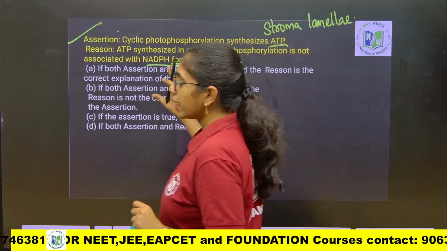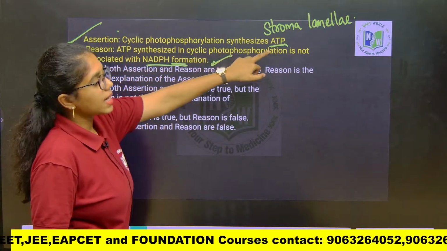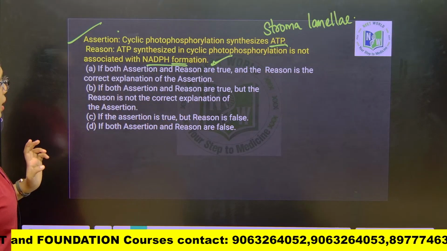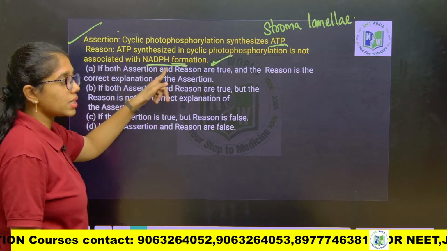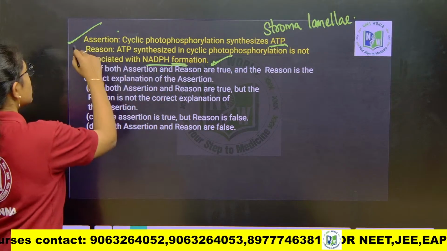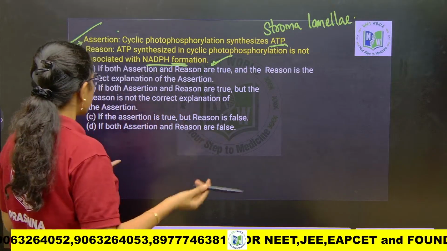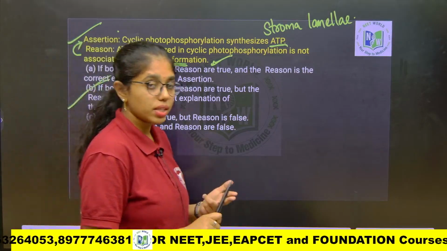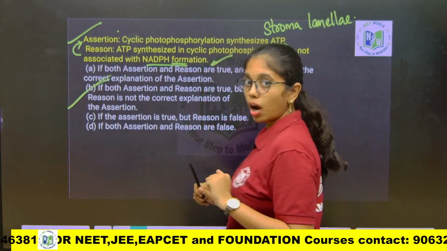So, once again, assertion: cyclic photophosphorylation synthesizes ATP, correct. ATP synthesis in cyclic photophosphorylation is not associated with NADPH. So, both the statements are true, but reason is not explaining why only ATP is being synthesized. In that case, what option we have to opt for? Both assertion and reason are true, but reason is not the correct explanation of assertion.